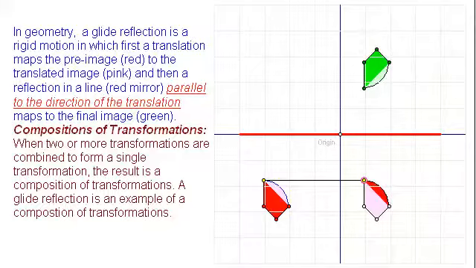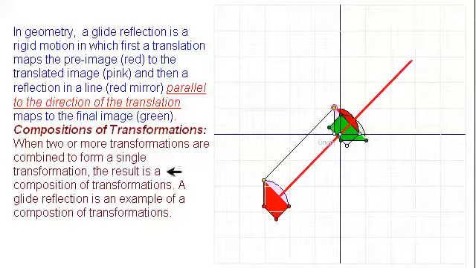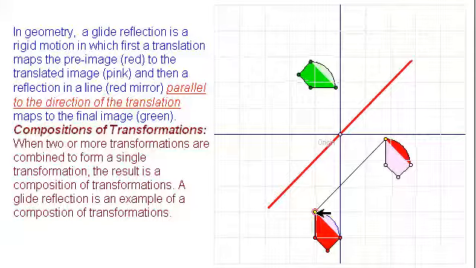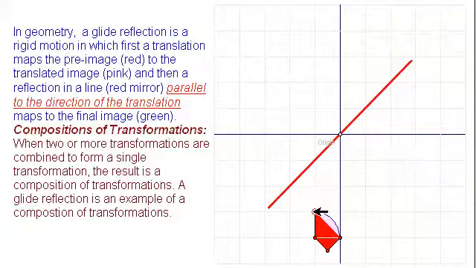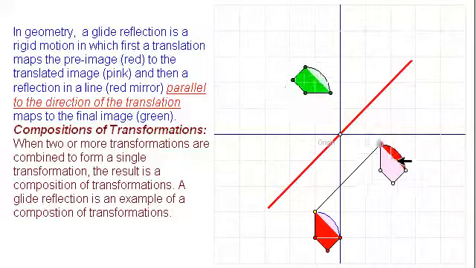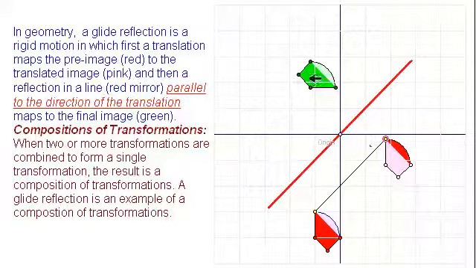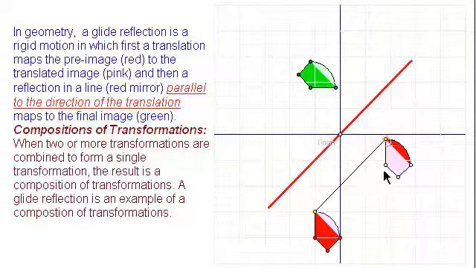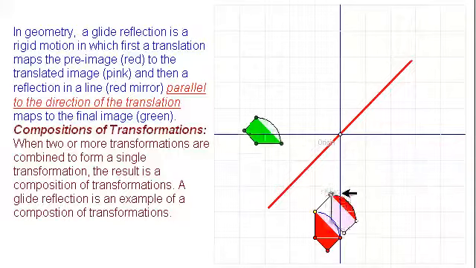Whether it is horizontal, what happens if it is 45 degree? We can see it is 45 degree. Let us keep it this way. Is it a glide reflection? The green one, yes, it is a glide reflection, because first we created a translation and then we have the reflection in the line of reflection, which is in the same direction where the translation has taken place.